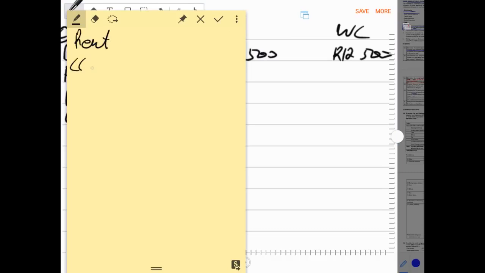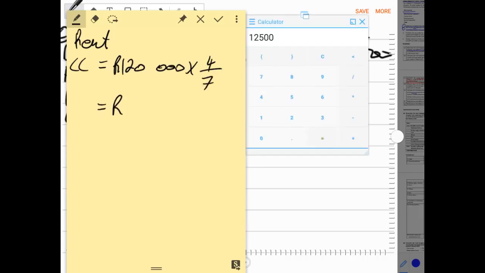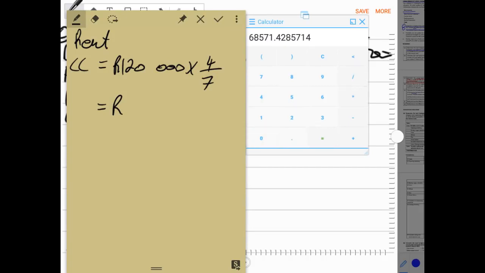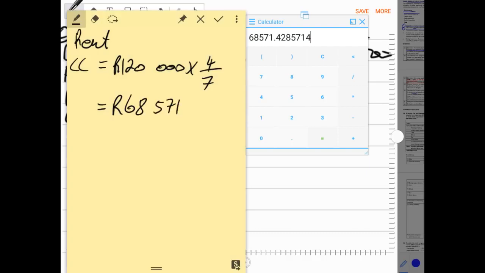We split rent to product CC. The rent that we're splitting is the amount of 120,000 times 4/7, because 4 plus 3 is equal to 7 of the ratio. So 120,000 times 4/7 gives us the amount of 68,571.